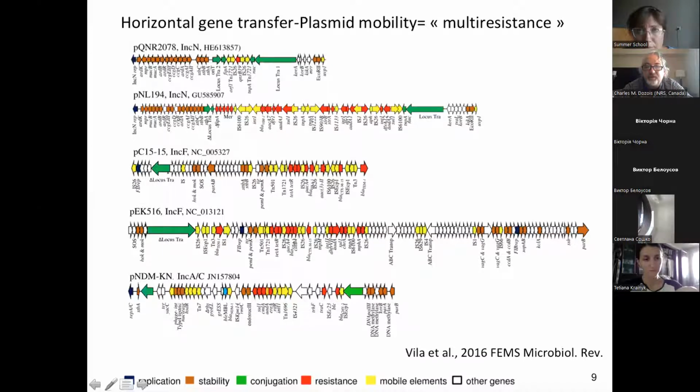All of these red open reading frames here are resistance genes. And so this is just to give you an example of the level of resistance and the, if you will, quantum leap of becoming resistant that can happen acquiring these plasmids, which in many cases can have multiple resistance genes acquired in one genetic event.